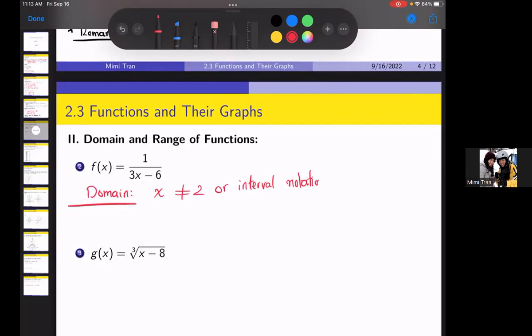Can someone tell me in interval notation? If you doubt yourself, draw it out. So anything but 2. So I start from what? Yeah, negative infinity up to 2, parenthesis. That means I don't include 2. Union 2 to infinity.